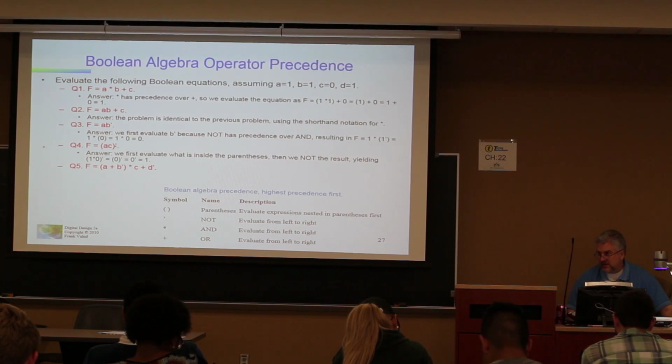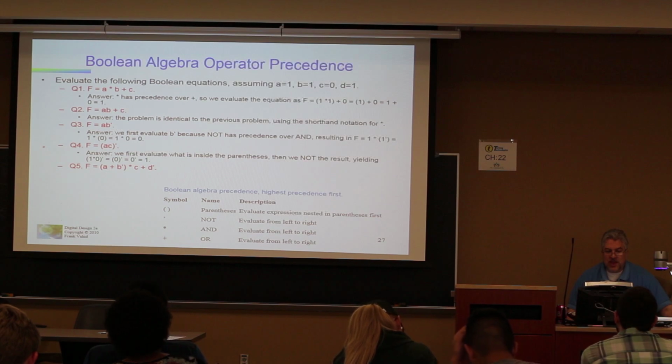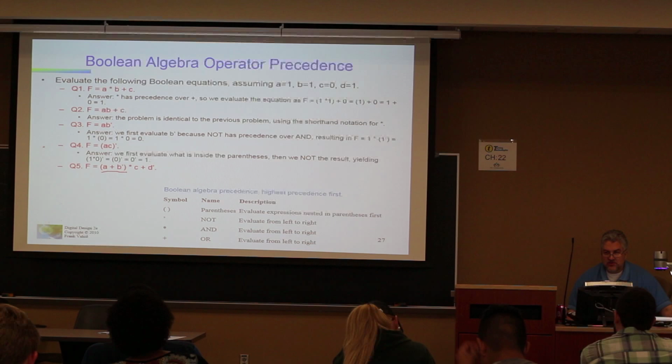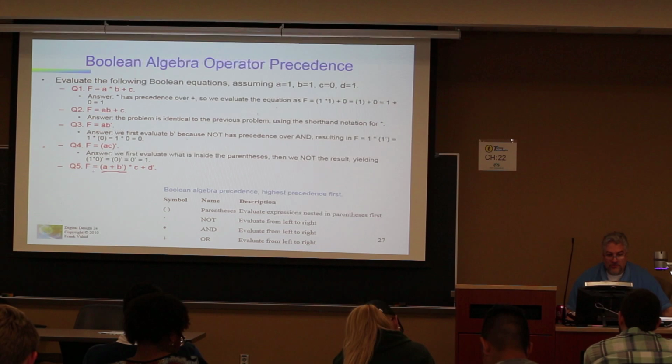We do precedence, right? So the first thing we do is A and not B. So A is 1, not B is 0. So the answer of this is, oh, I'm sorry, that's an OR. I said it was an and, it's an OR.